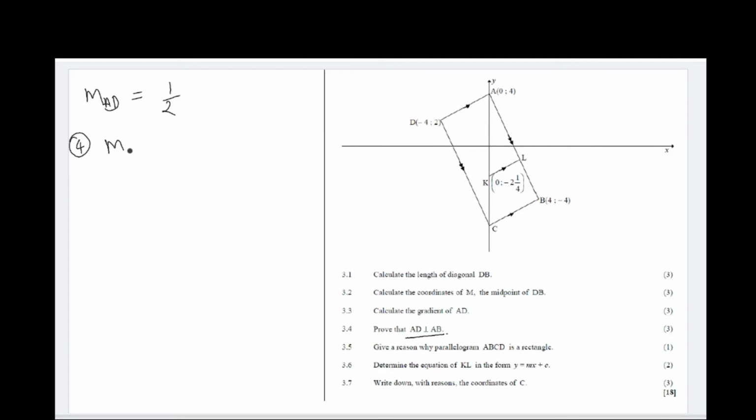MAB is equal to y2 minus y1 over x2 minus x1. So it means you must start by finding the gradient of AB. AB is here and here. So y2 is minus 4, my y1 is minus 4, x2 is 4, then x1 is 0. What do I get here? Negative 2.